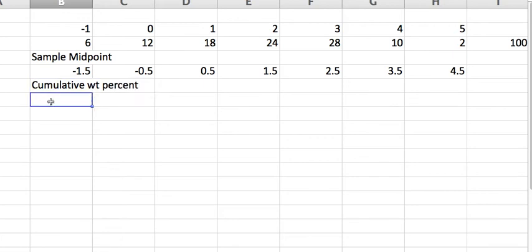And that is, in this case, 6. 6% of the sample is coarser than -1 phi. Well, what's coarser than 0 phi? Well, 12% plus the 6% that was, turn it into a formula.